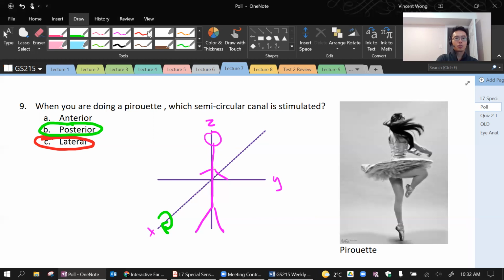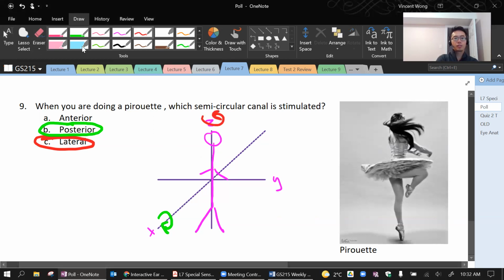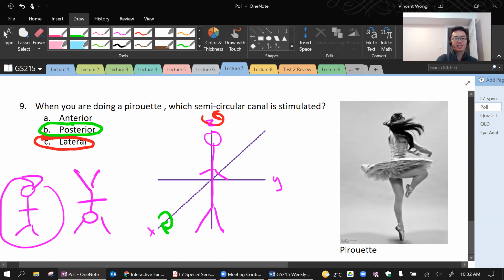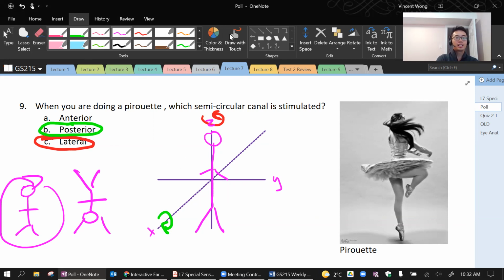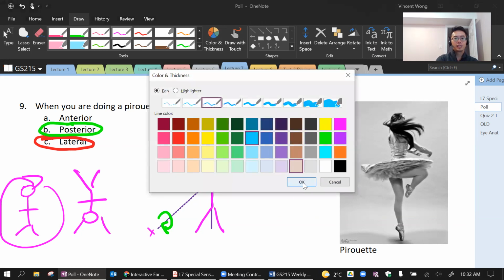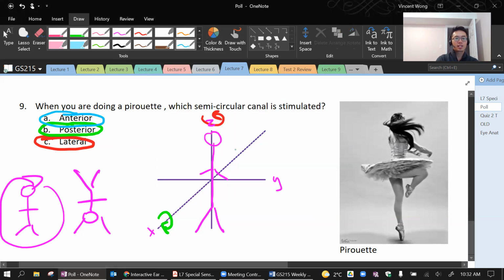For those of you who don't know what a cartwheel is, cartwheel goes like this, and you rotate like this. So that's rotation on the x-axis. That would stimulate the posterior one. And then for the anterior, it is going to be a somersault.